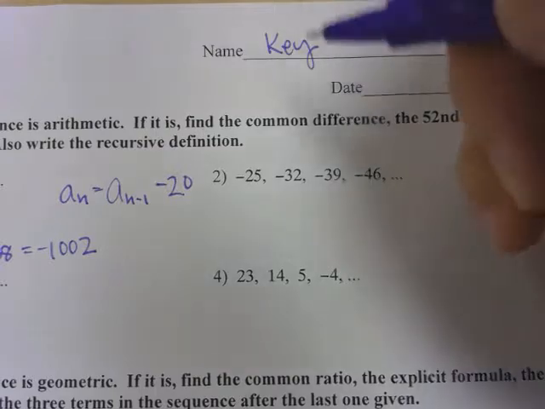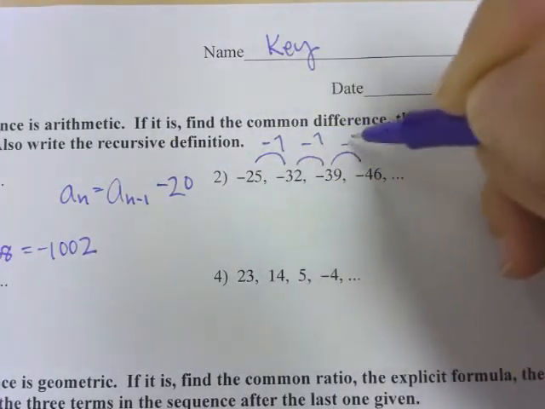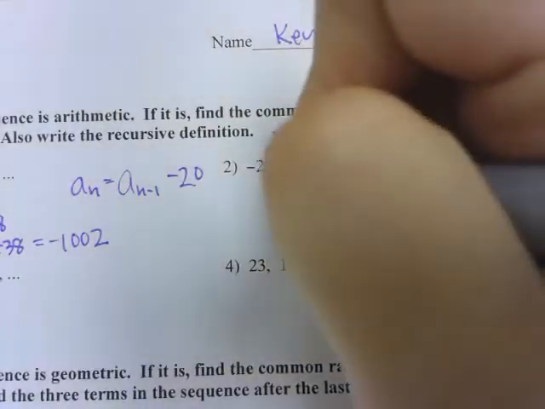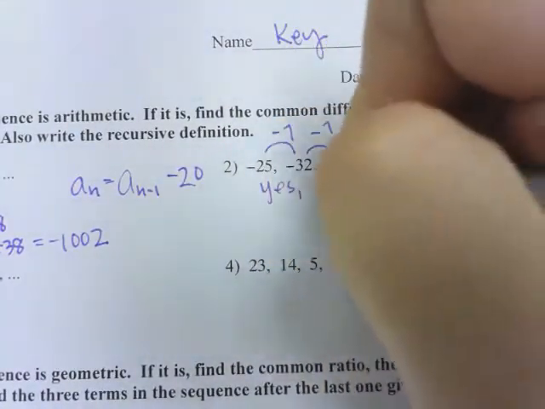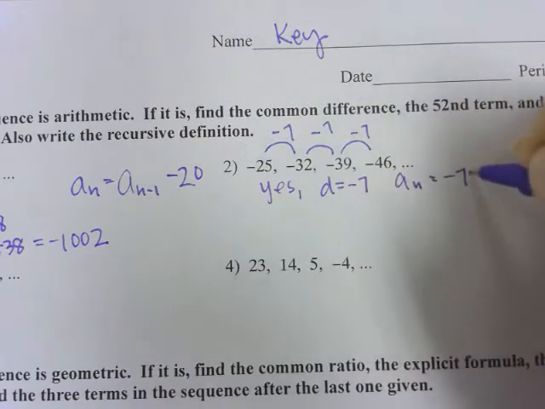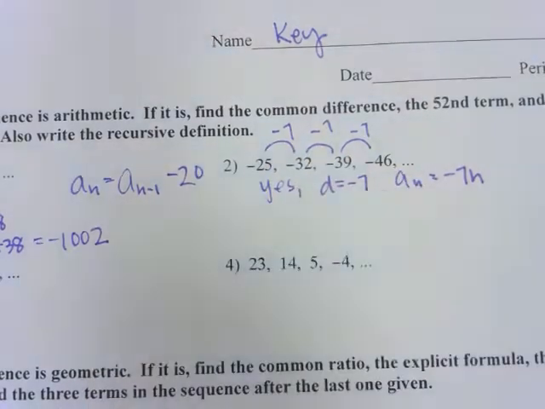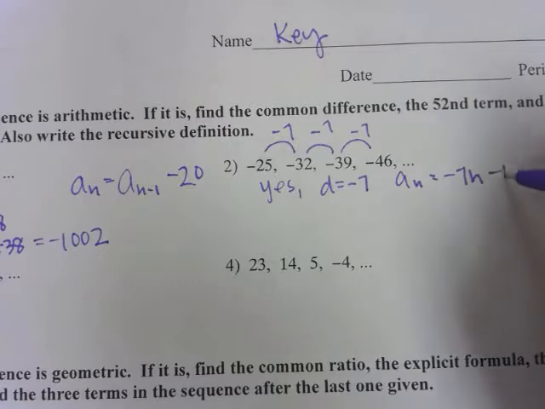Looking at number 2, from -25 to -32, it's down 7, down 7, down 7. So yes, it's arithmetic. D equals -7. A sub n equals -7n because of the difference times n. If there were a term right before this, -25 plus 7, it would be -18.